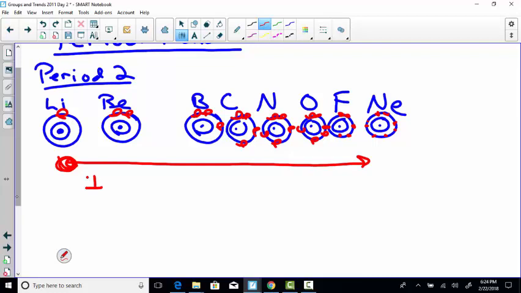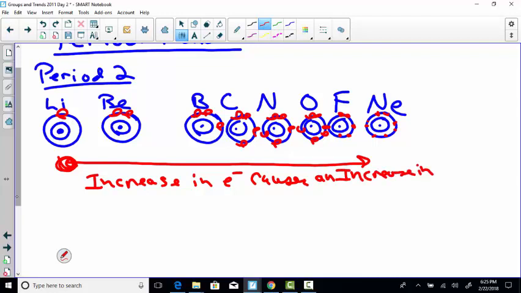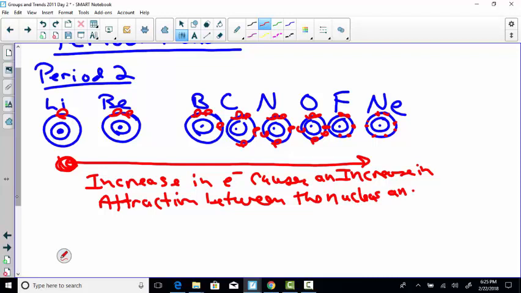So the increase in electrons causes an increase in attraction between the nucleus and outer electrons. Okay? Because the other thing that I didn't really say here was there's something else that's increasing.